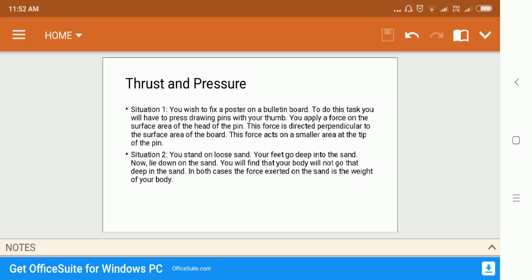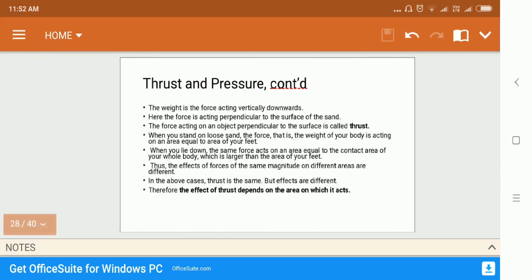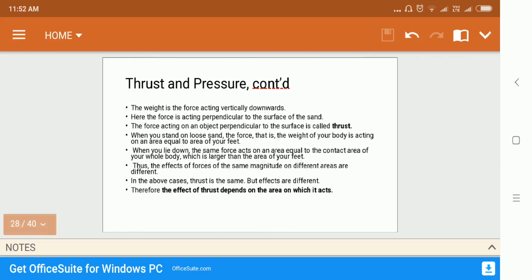While we observe these two situations, we have to draw a conclusion based on this concept. Weight is the force acting vertically downward, the force experienced by an object on the downward side.